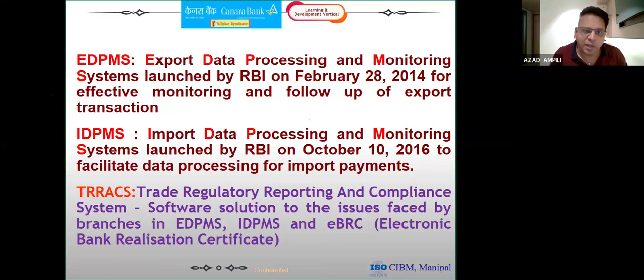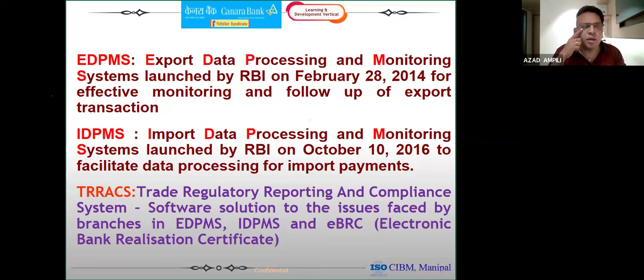But what RBI is tracking is that whenever movement of goods is happening, there should be a corresponding movement of funds. Like, funds are coming but goods movement is not happening. This should not happen. This is how they track these entries. EDPMS and IDPMS: Export Data Processing and Monitoring System, Import Data Processing and Monitoring System.